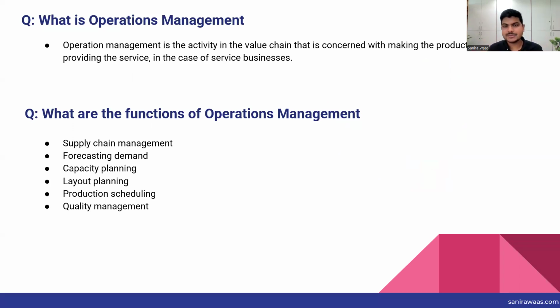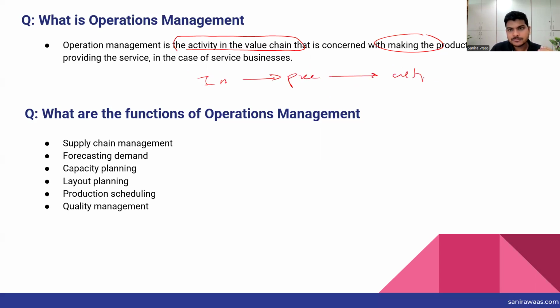Operations management, in very simple terms, is where you discuss all the activities in the value chain connected with providing or making the product in a business. So anything related to changing our inputs, with the process, into the output is called operations.